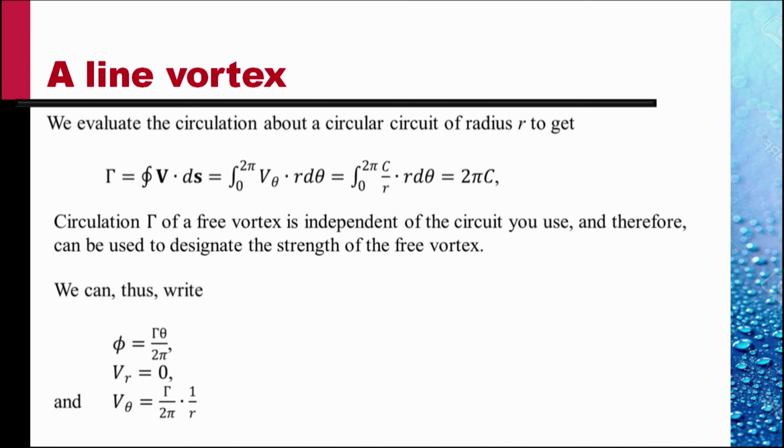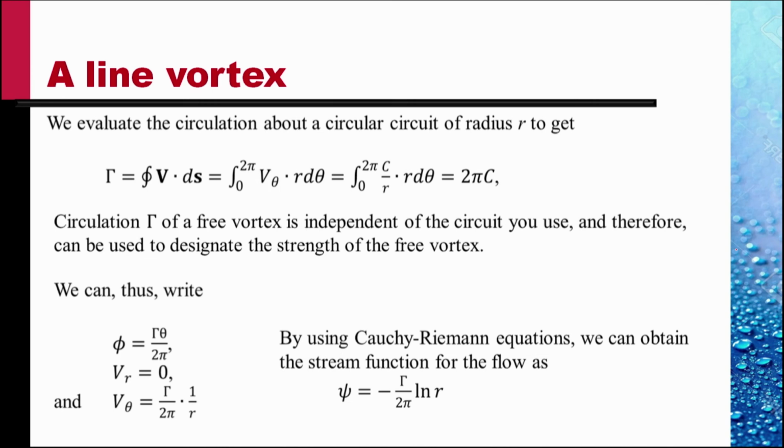The radial component of velocity is 0. The swirl component of velocity is gamma by twice pi into 1 by r, c by r. By using Cauchy-Riemann equations, we can obtain the stream function, and stream function psi is minus gamma by twice pi ln r.